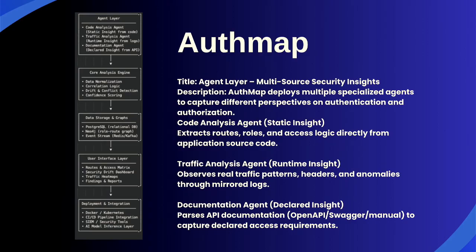The second agent is the traffic analysis agent. One agent takes the source code and analyzes it, and this traffic analysis agent observes real traffic patterns, for example, through application load balancers and whatnot. It observes traffic patterns, headers, and anomalies through mirrored logs and ports as well.